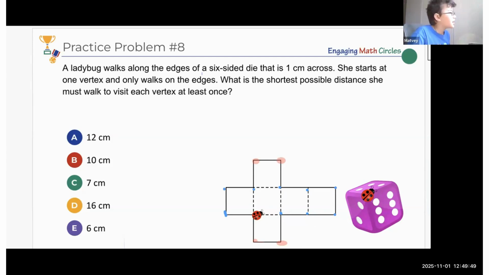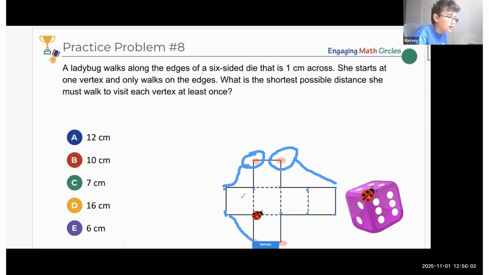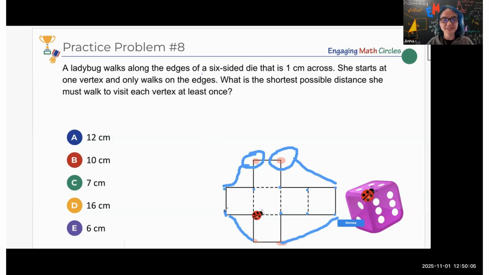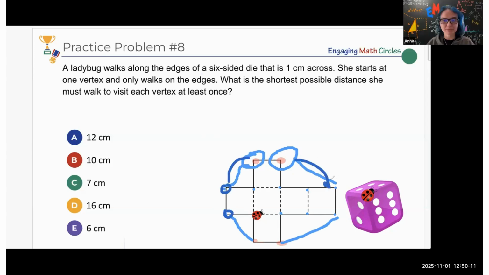I just wanted to say that these two are connected. Same for here. Yes, these corners are the same. A good observation.